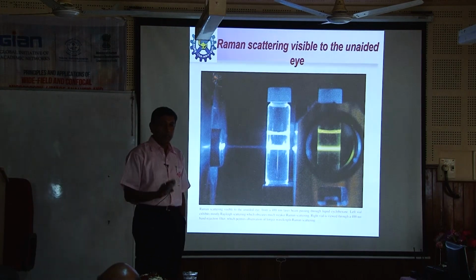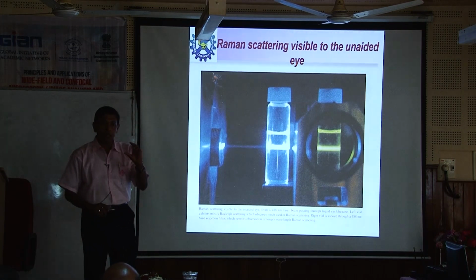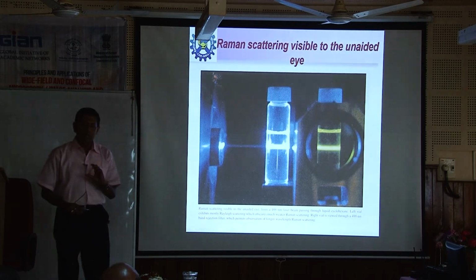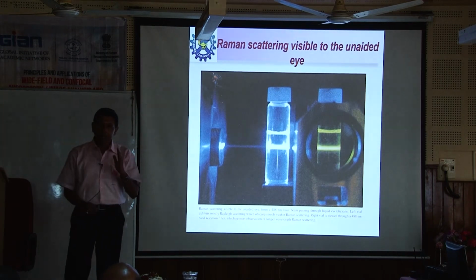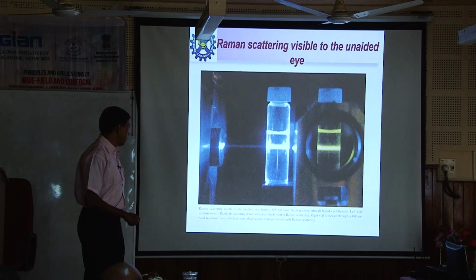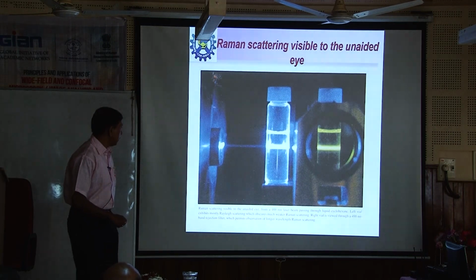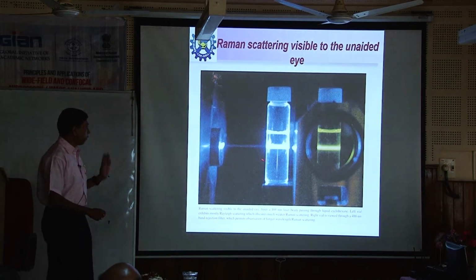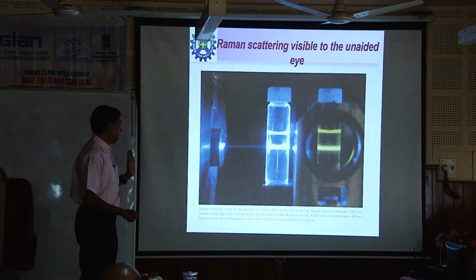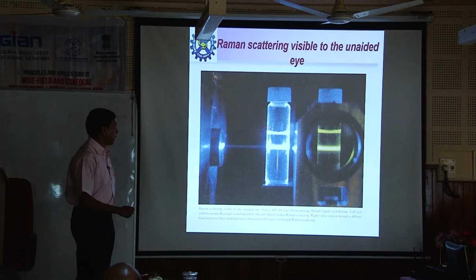So, just one example: cyclohexane, the solvent. If you irradiate it with a laser beam at 488, on the left side you get very good visible fluorescence, and this is mostly from the Rayleigh scattering.